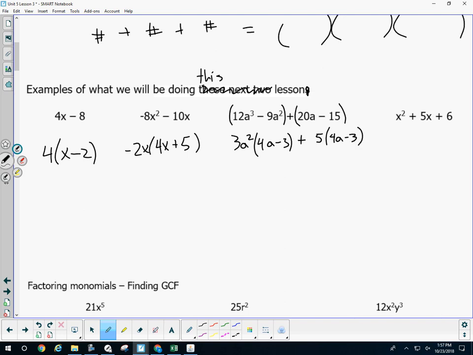I still have a sum of two things, but if I consider each a term, they both share a 4a minus 3. I can pull that 4a minus 3 out from both terms, and I get 3a squared plus 5.